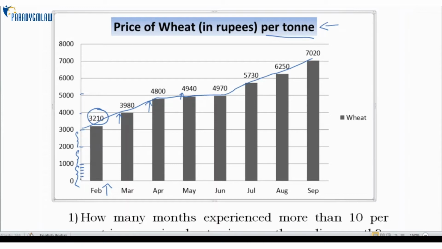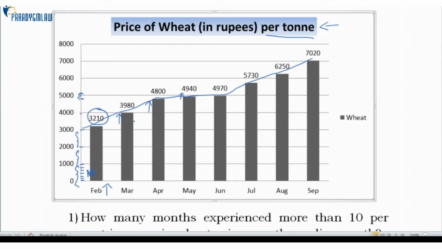Imagine I wrote 10 equal lines here to show you that it's 10 equal parts. So when we look at 4,800 and then 4,940, we know that it is a little more than 100.